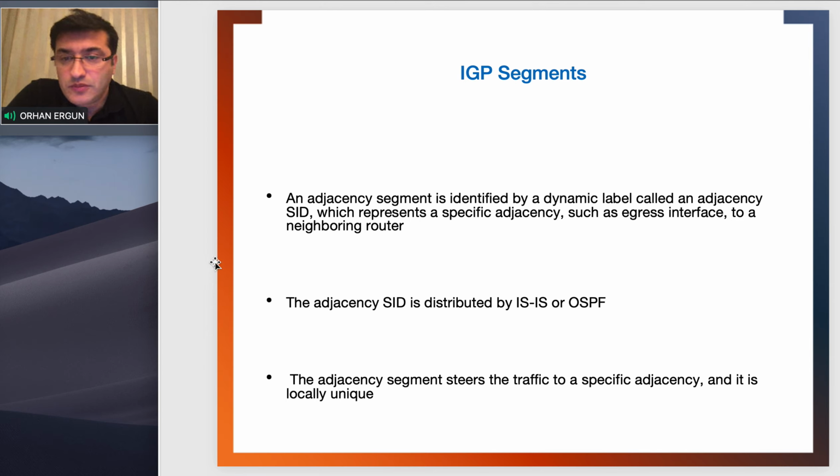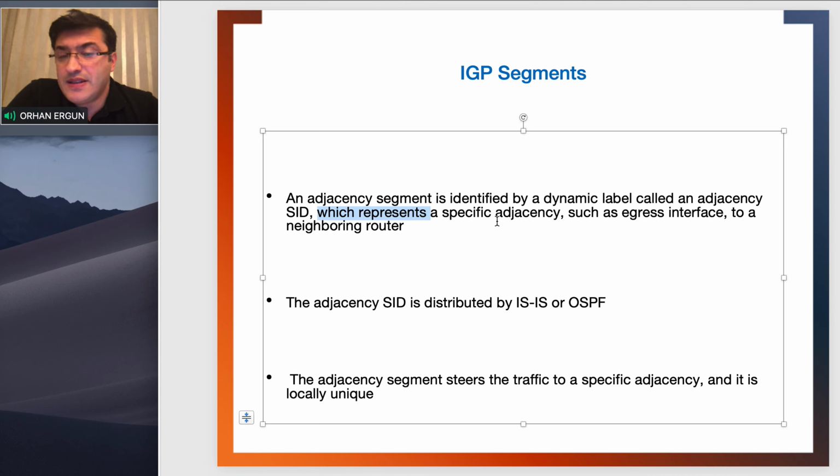An adjacency segment is identified by a dynamic label called adjacency SID, which represents a specific adjacency, such as the egress interface to a neighboring router. Maybe between router A and router B you have 4 interfaces. Which interface do you want to push the traffic to?